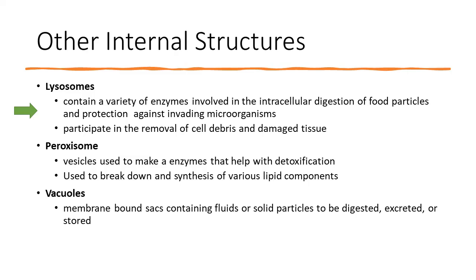Another vesicle that you will find inside some of the eukaryotic cells is what's known as a peroxisome. Peroxisomes are going to have enzymes, and they're going to help with detoxification. One of the chemicals found in there is a peroxide type chemical, and that's part of how we can then break down toxic substances and help the cell get rid of them.